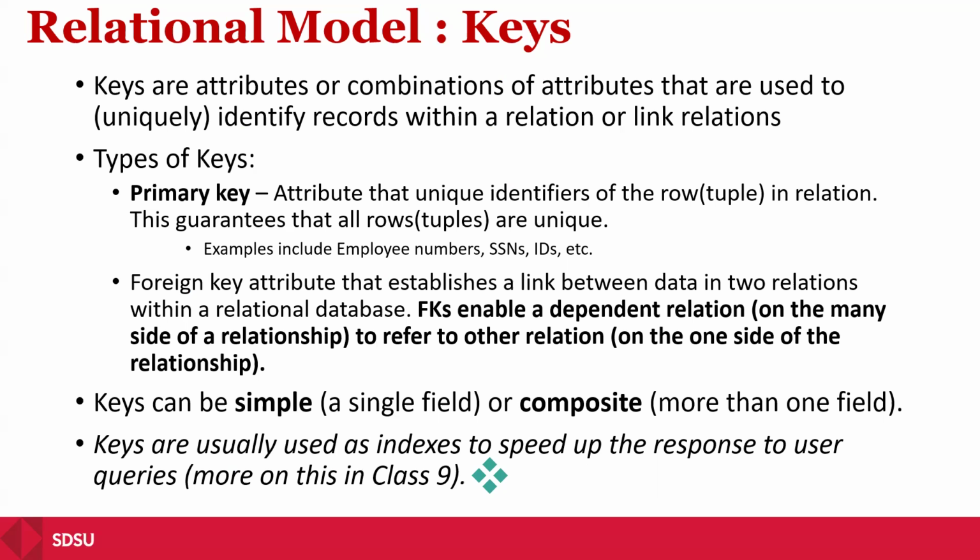Foreign keys are attributes that help us link two tables together. Foreign keys are primary keys of one table that are placed in another table, and that helps us connect two tables together. For example, when we talk about student and department, a department table has a department ID.